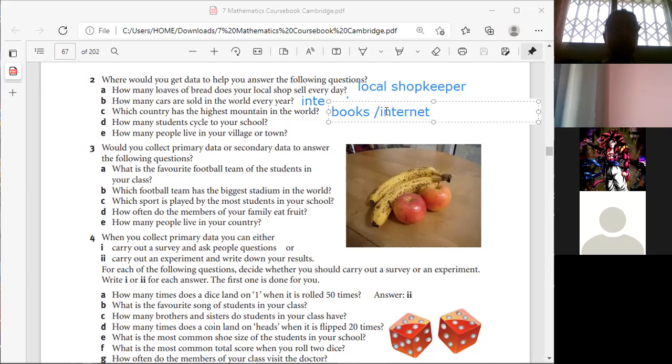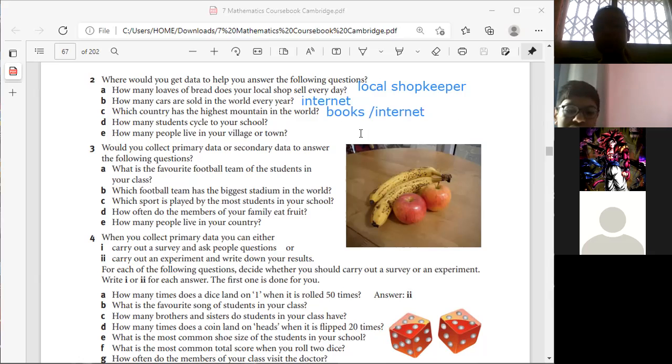Okay. How many students cycle to your school? From where will you get the data? Ma'am, we'll ask the school guard. Yeah. Okay. School guard, or we can get the data from the CCTV camera. Or we can do it ourselves by doing a survey.